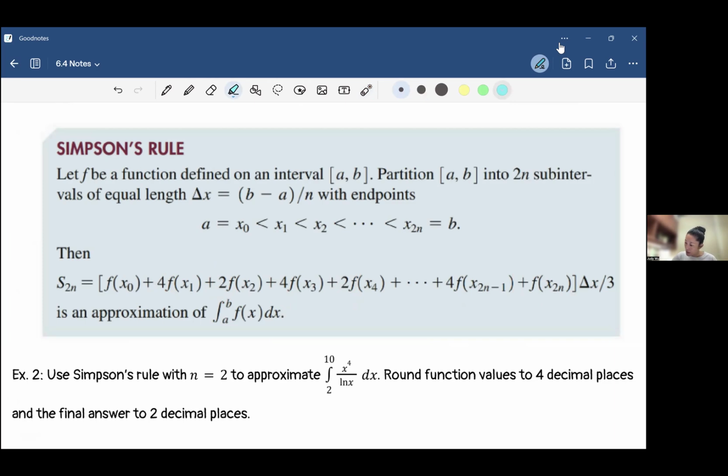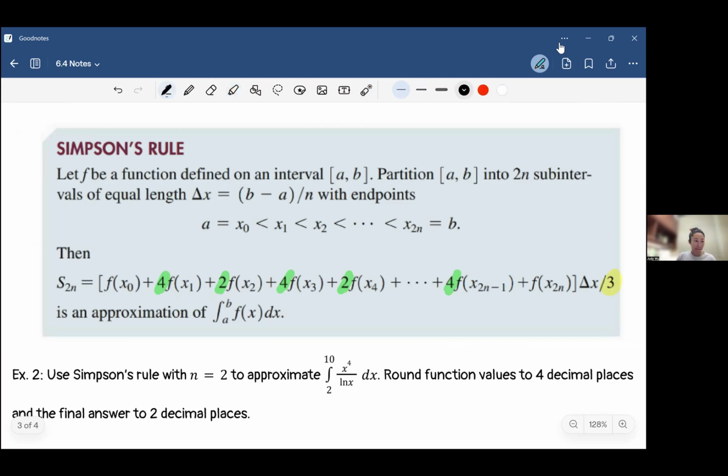Let me highlight something else that's different. The 4 and the 2 alternate, but also, instead of delta x divided by 2, I'm now going to divide by 3. Those are the qualities that make this rule have the curvy bit on the top.